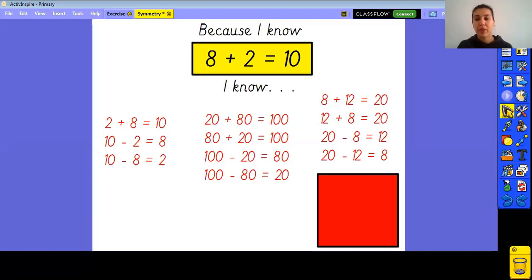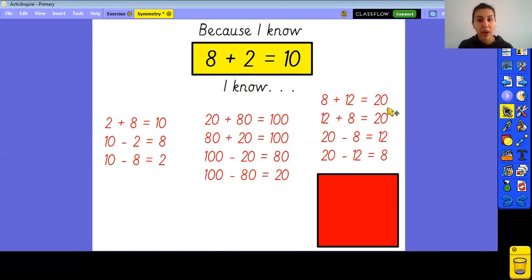So very quickly before we jump straight back into our shape unit, building on from what we did yesterday and the day before that, we can use this one simple number fact, 8 plus 2 equals 10, to not only show us our inverse operations, but it can also help to show us our number facts to 100, as well as the inverse operations.